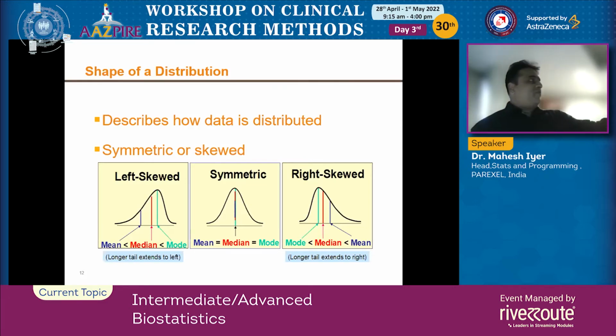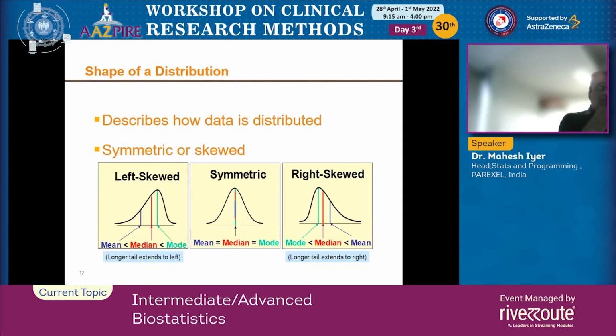What is an example of right skewed data? Age, interesting. Yeah, but not so much also. I think possibly, yeah. I agree. If you compare to the Western world, I agree. But from our kind of areas, from medical field, what is an example of right skewed data?